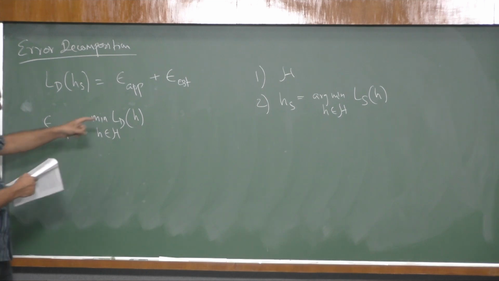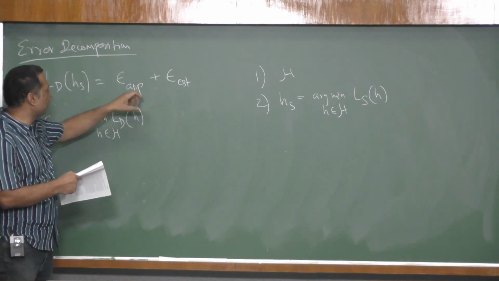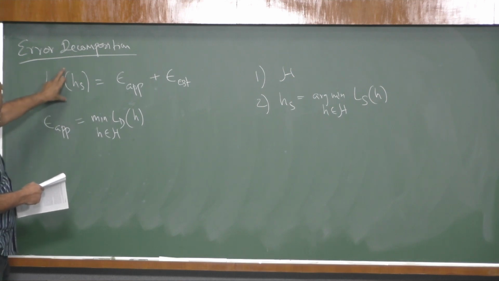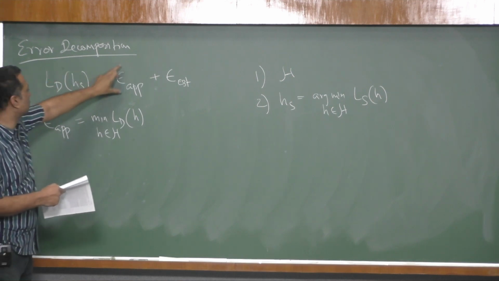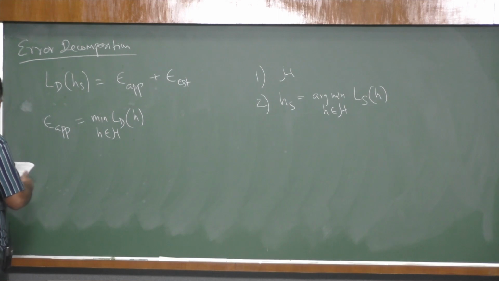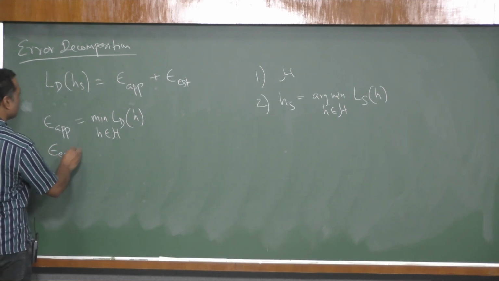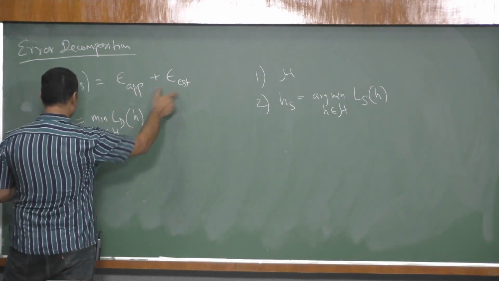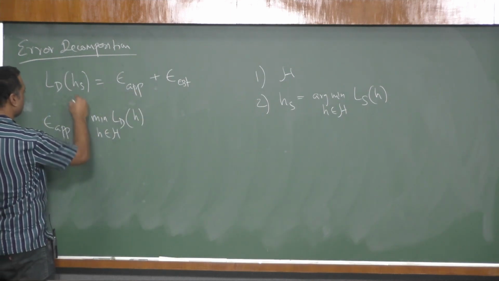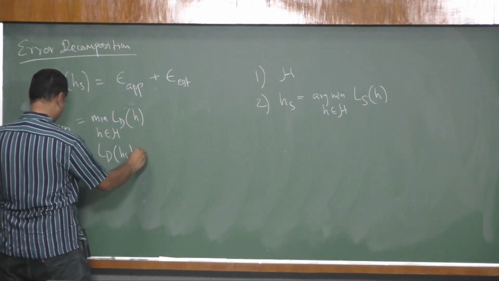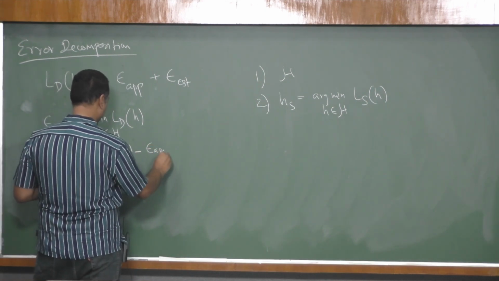The estimation error could be L_D(h_S) minus this minimum. So any type of error just comes from these two, and we just use this as a definition.